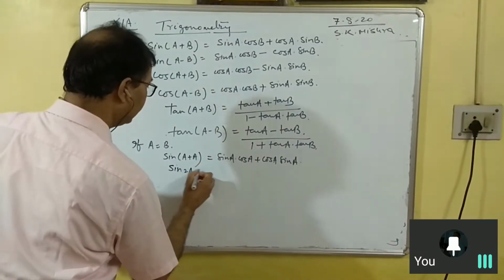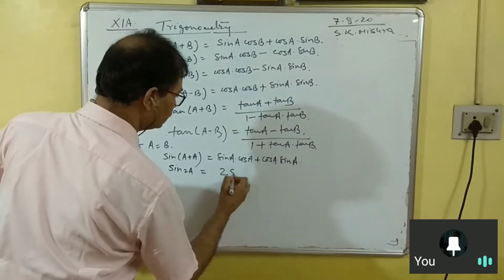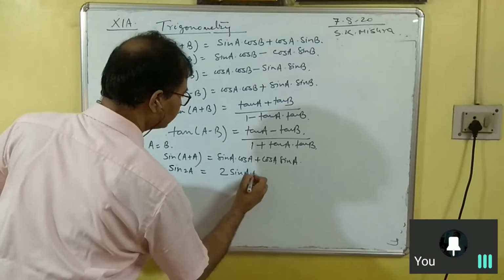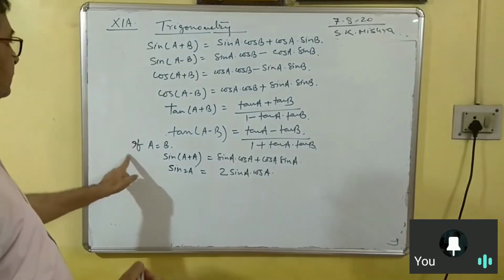The formula becomes sine 2A is 2 sin A into cos A. This is one of the formulas derived from this relation.